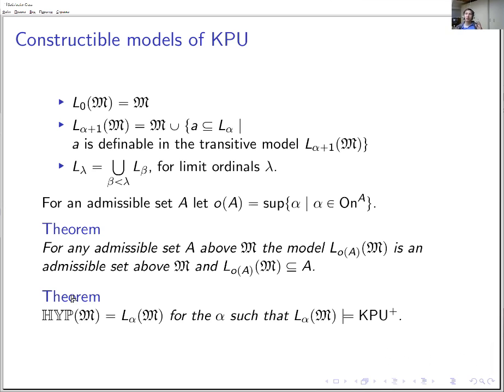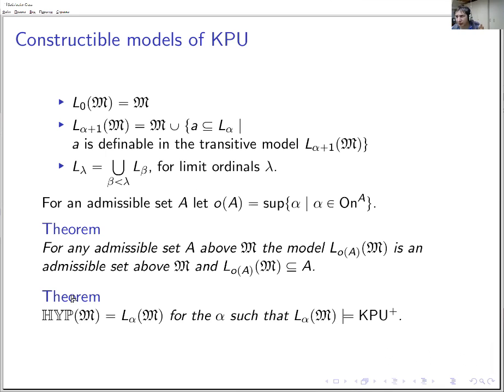It's possible to formalize the theory of constructible sets inside Kripke-Platek set theory, and this gives us this list. Basically, if you start with some model of Kripke-Platek set theory, then you can have the constructible universe inside it.